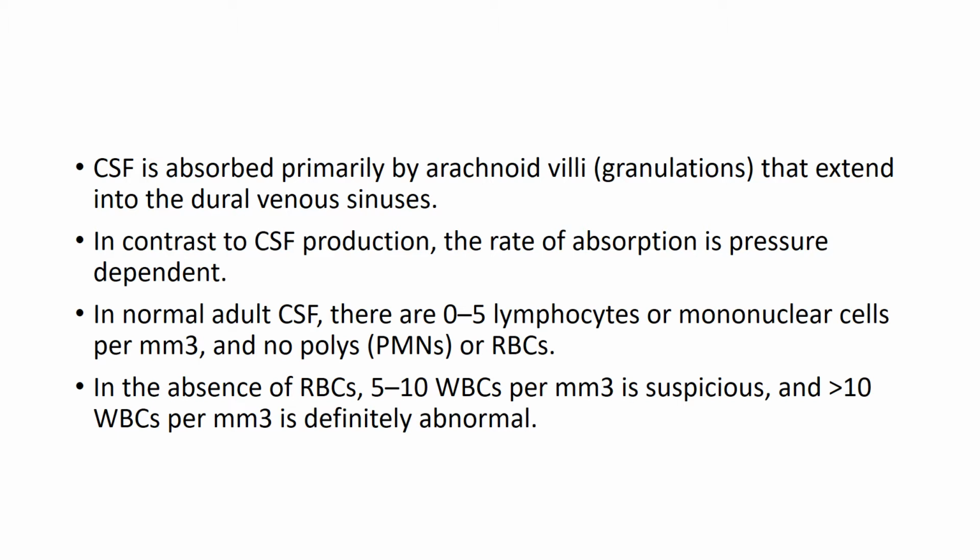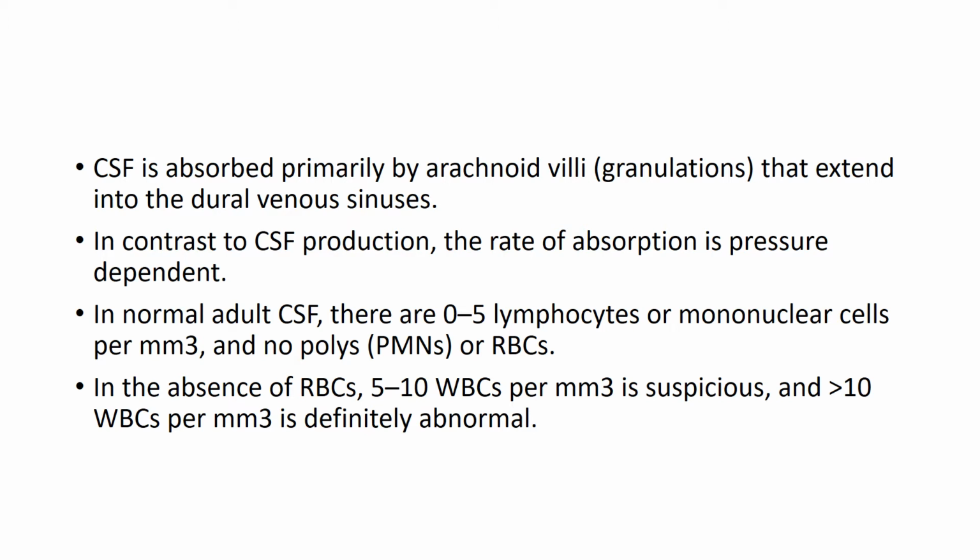Now, regarding the microscopy of the CSF, normally there are less than 5 lymphocytes or mononuclear cells in the CSF per millimeter. There should be no RBCs and there should be no polymorphonuclear cells.